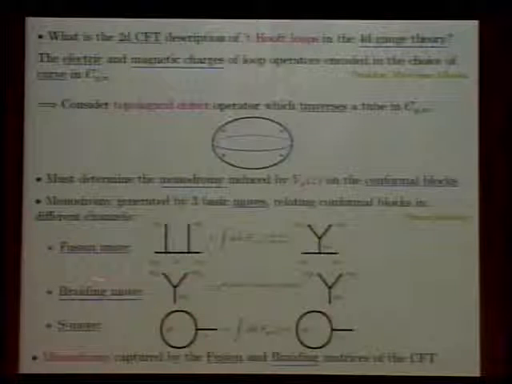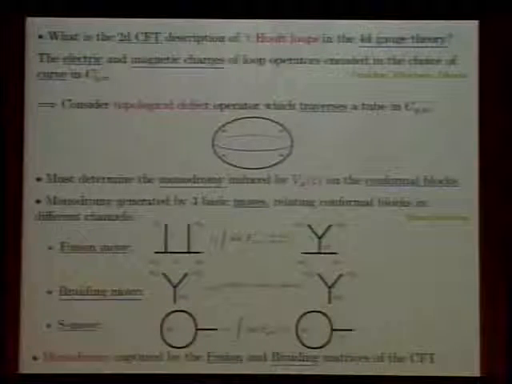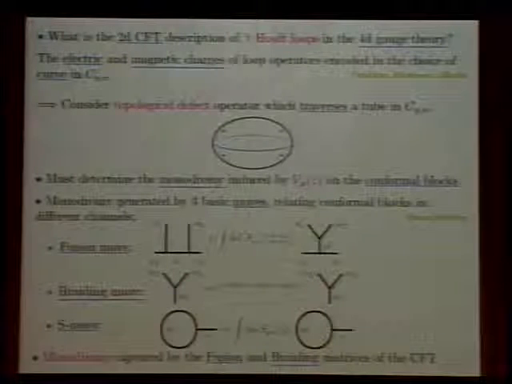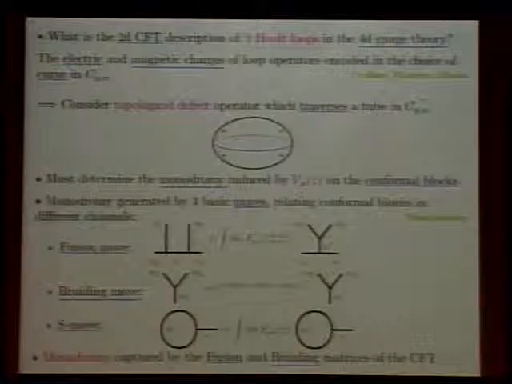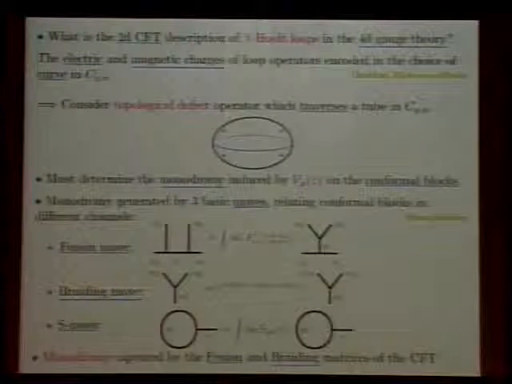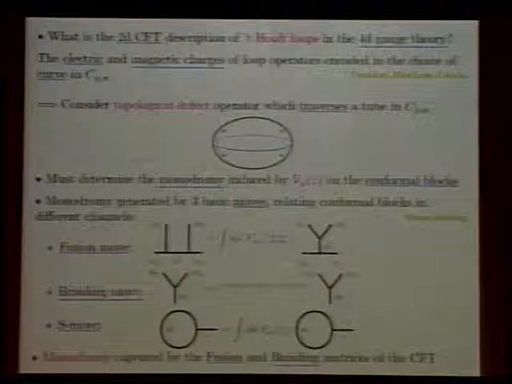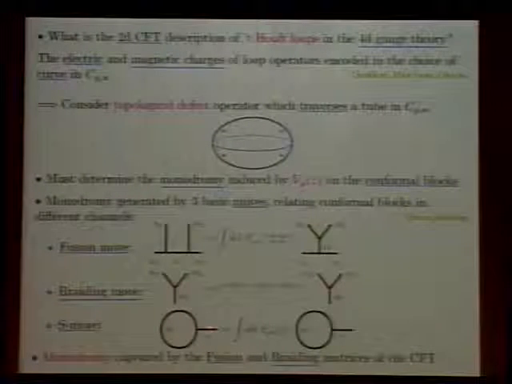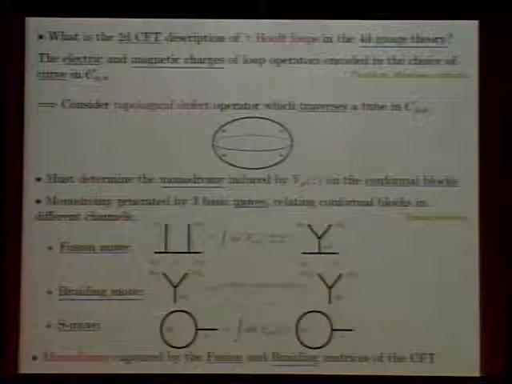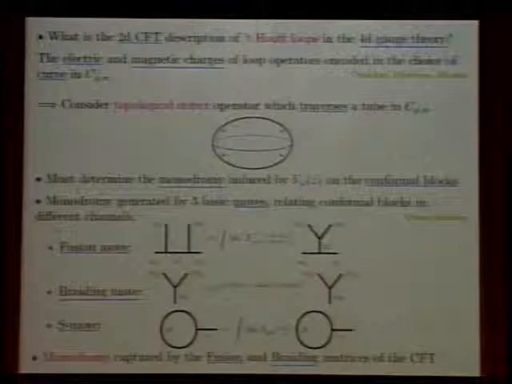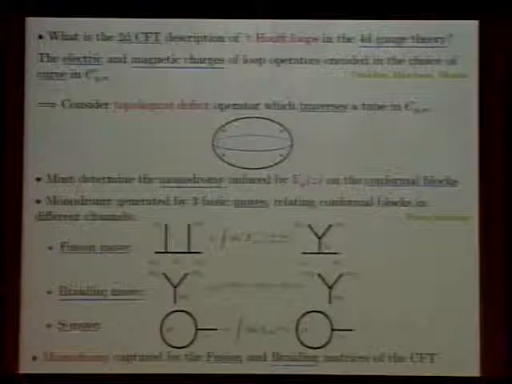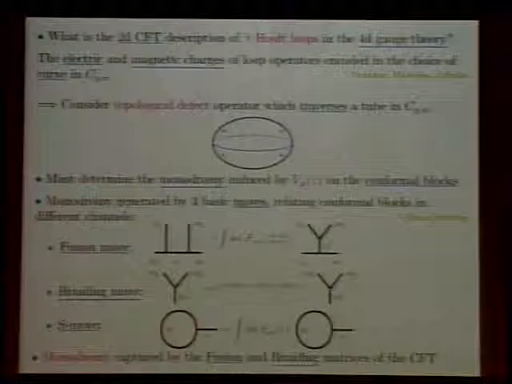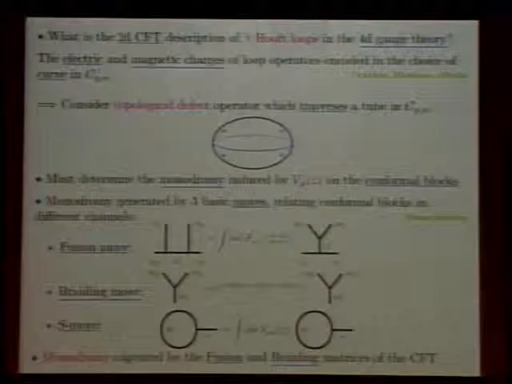And there's also an analogous operation that you can use to compute monodromies sequentially, which is called the braiding move, which essentially exchanges two consecutive lines, or two consecutive operators, in your conformal block. Okay? So essentially, by following the path of your primary along your Riemann surface, you can compute the monodromy by just putting together the associated fusion and braiding matrices in the CFT.